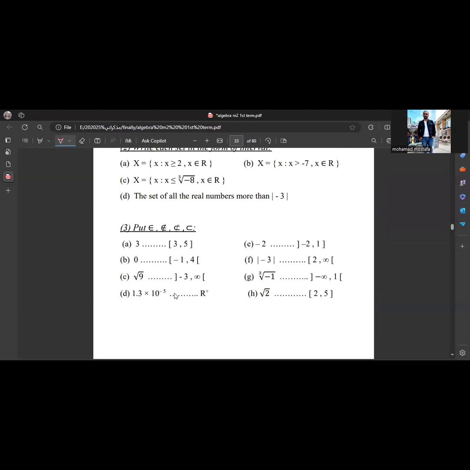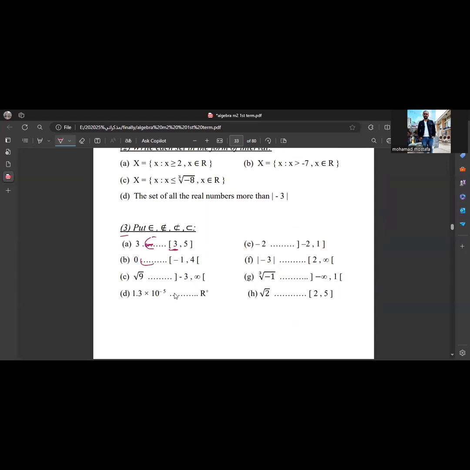Look here at the third question. 3 belongs or doesn't belong, or subset or not subset, to 3 and 5. I have here 3 closed, so it belongs. 0 between -1 and 4: -1, -2, -1 and 0, and 1 and 4.